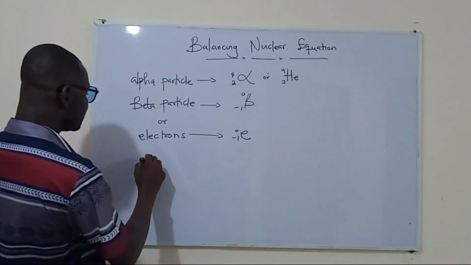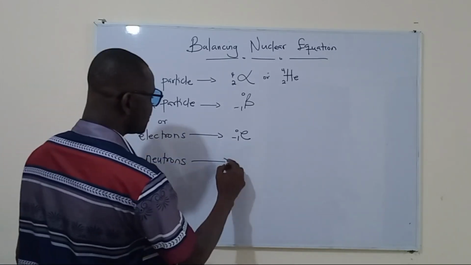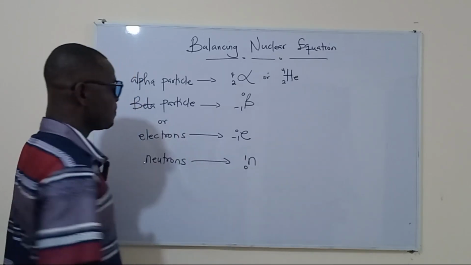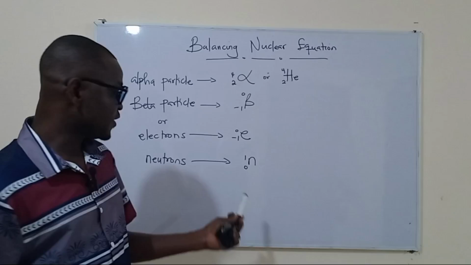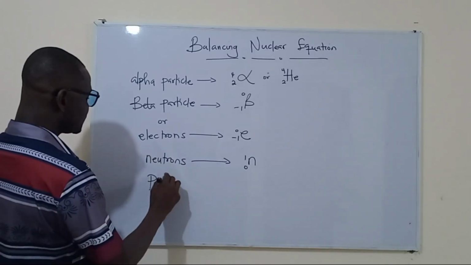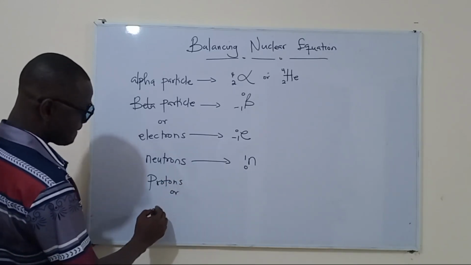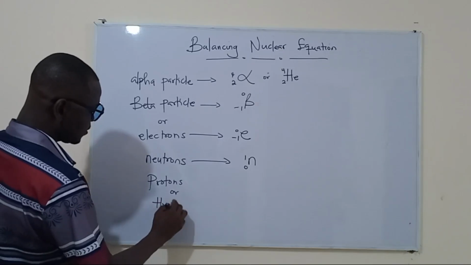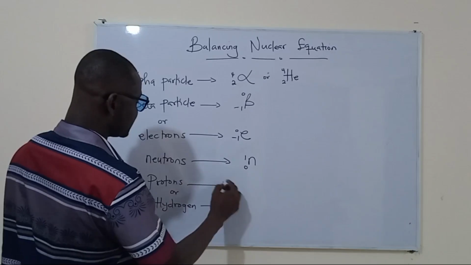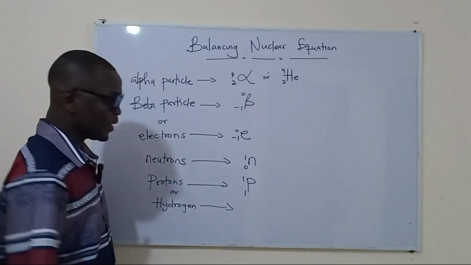Then we have neutrons, denoted by n, with a mass of 1 and an atomic number of 0. Then we have protons, normally seen as hydrogens. So protons can be denoted by 1, with a mass of 1 and an atomic number of 1.